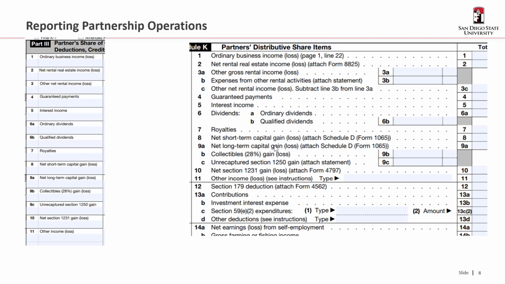Skip down to line 5. You bet, it's interest income on both the K-1 and Schedule K. So they are mirror images of one another. I usually think of Schedule K as the parent, and the Schedule K-1s as the children. You add all the children up and you get to the parent.